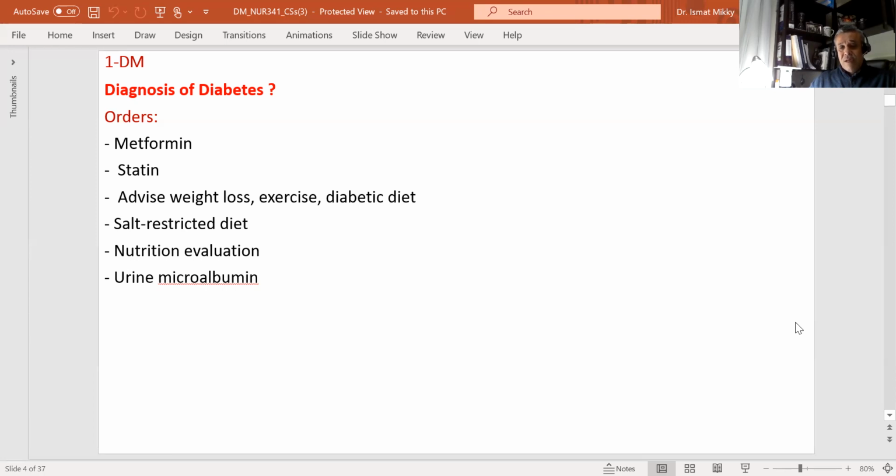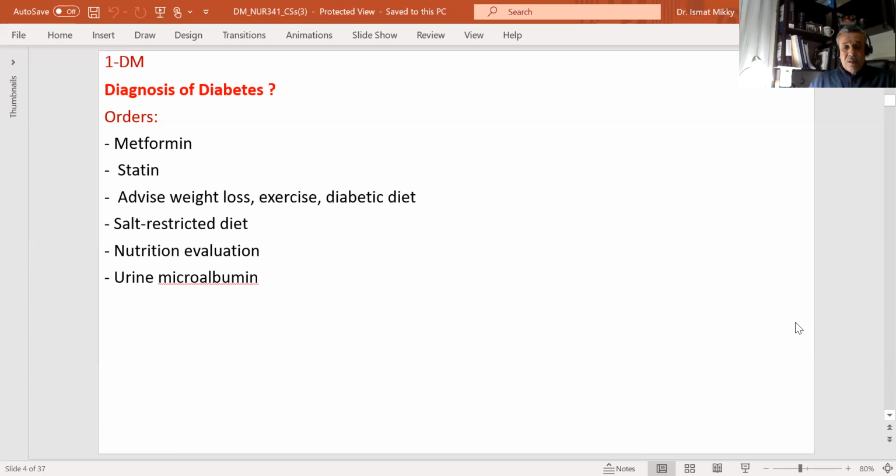Mortality rate and complications have declined with tight glucose control. So the most important element of the management of patients with diabetes is tight glucose control. The hemoglobin A1C is a crucial key tool to follow the efficacy and compliance of diabetic treatment regimens.